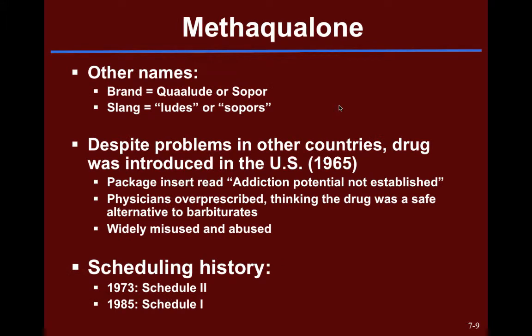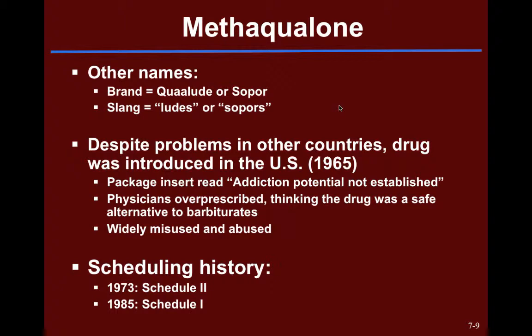Another depressant, methaqualone. This one actually is probably more commonly known by its street name of Quaaludes. And this one was introduced in the US in 1965, even though it was already causing trouble in other countries. At the time that it was released, the packaging information that went with it basically said that they didn't know what was going to happen next, that its addiction potential had not been established, and it was pretty widely overprescribed by physicians who thought that the drug would be a safe alternative.